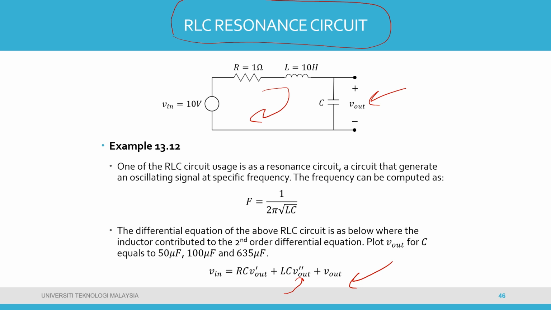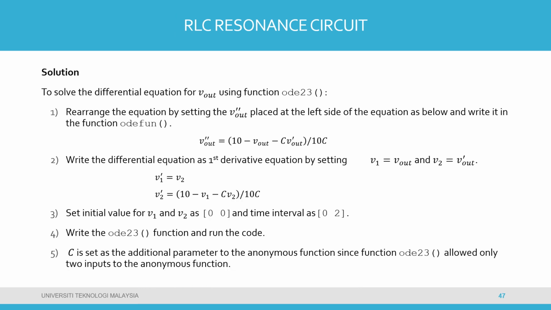You don't need to find the solution, but you need to know how the solution can be transferred into Matlab. So basically you have to make sure that V out double bar is equal to something. No more LC. LC will be moved to the bottom. So be careful. How to solve the RLC resonance circuit?